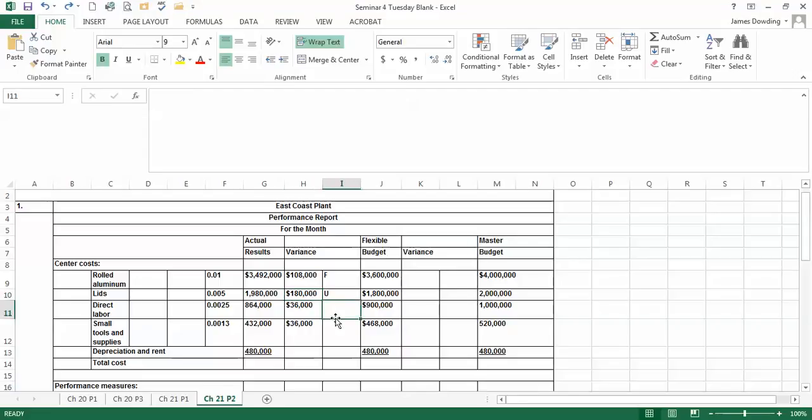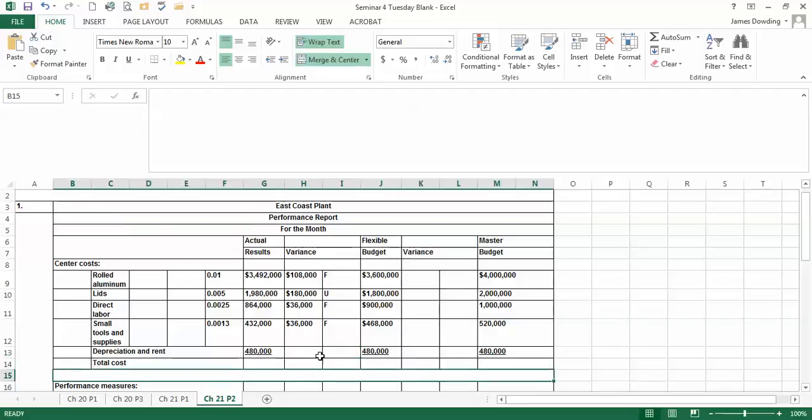In this case, we had anticipated 900,000, but we only had 864, so that's again favorable. This one we had anticipated 468,000, but we only had a balance of 432,000, so again that's favorable. Let me make that capitalized so we're consistent.